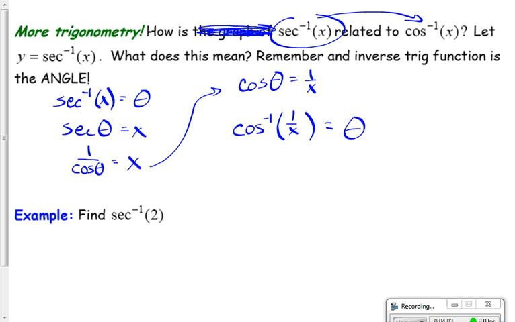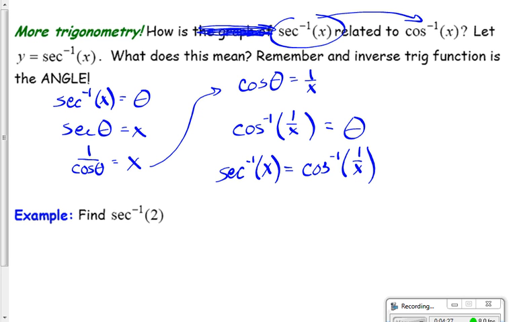Is this: secant inverse of x is equal to cosine inverse of the reciprocal of that. And I think it's significant. We're not going to dig into it a lot today, but I think that's an important relationship. The inverse of a secant is the same as the inverse of the cosine of the reciprocal of what we put in originally.